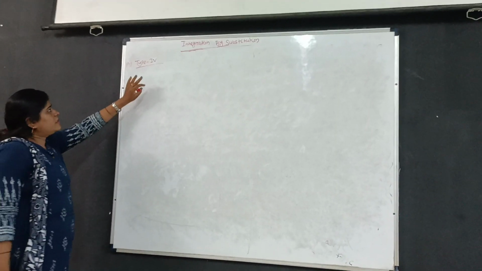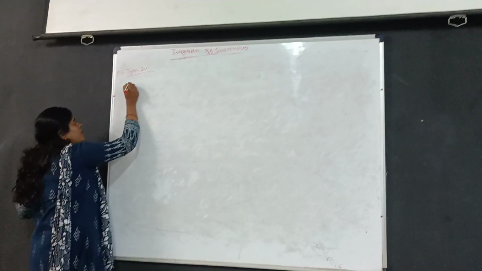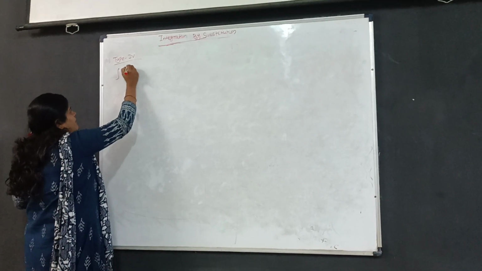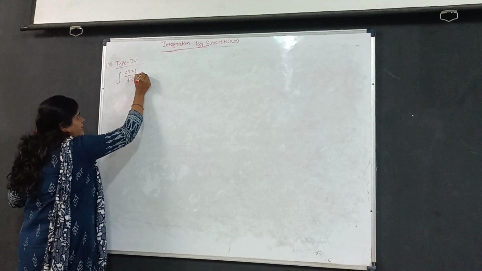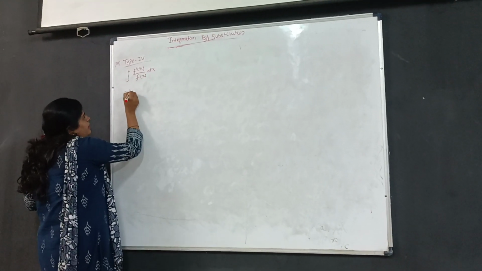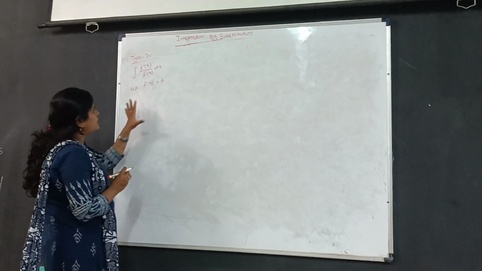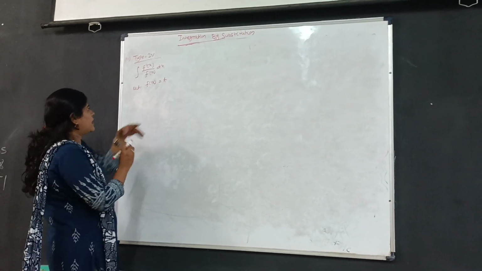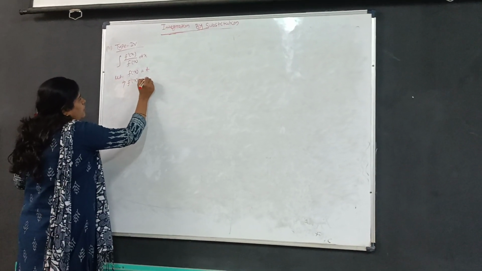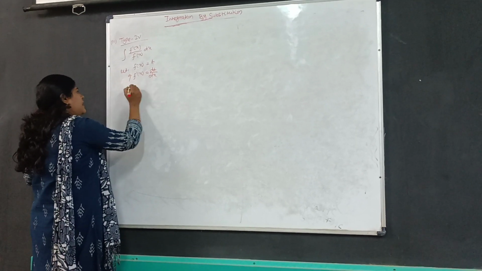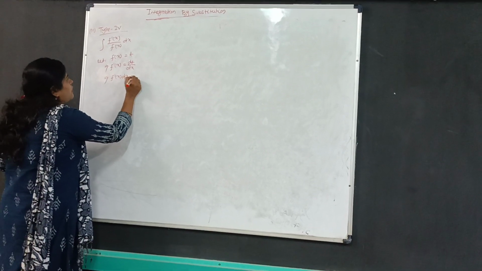Now we discuss our last type, the fourth type, which is of the form integration of f dash of x whole divided by f of x dx. Let f of x is equal to t, then differentiate both sides with respect to x, we get the result f dash of x is equal to dt by dx, that implies f dash of x dx is equal to dt.